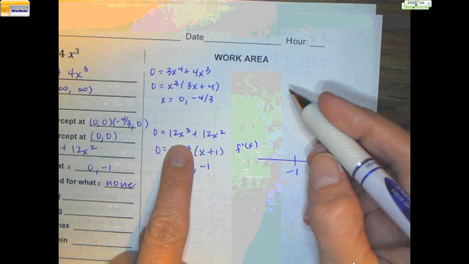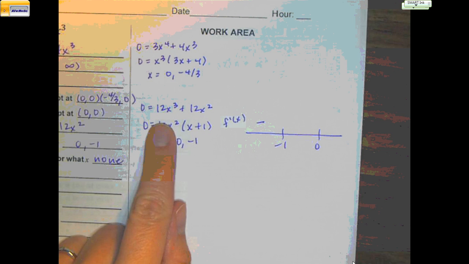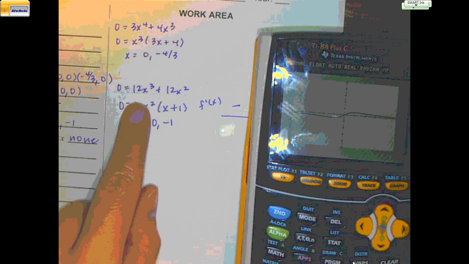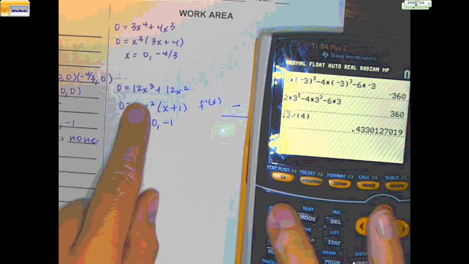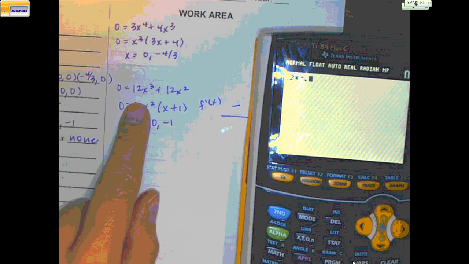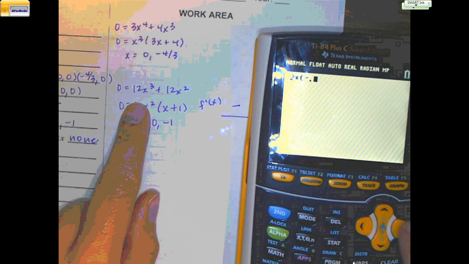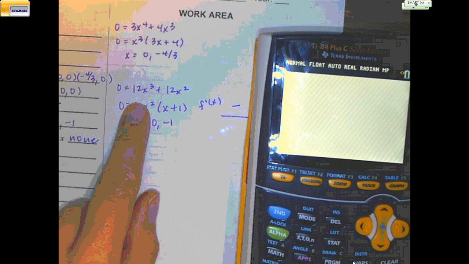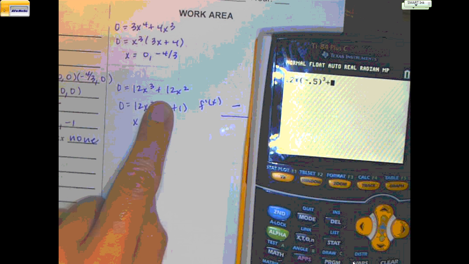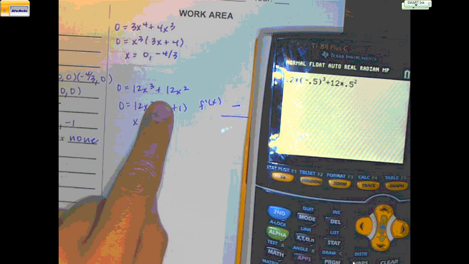If I plug in -1/2, that's kind of tricky, so let's just plug it into our calculator here. 12 times negative a half, whoops, I need parentheses, cubed plus 12 times 0.5 squared. Whoops, negative 0.5 squared, my bad. Should wind up with 1.5, so that's a positive.